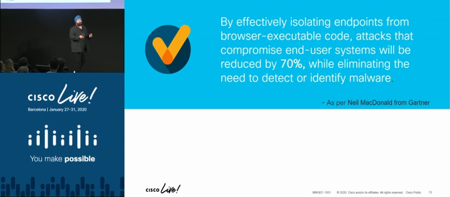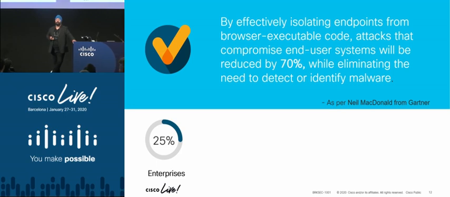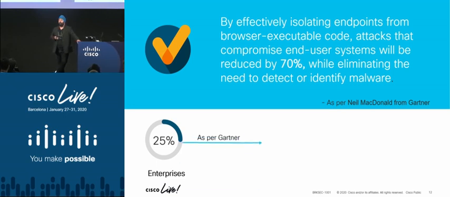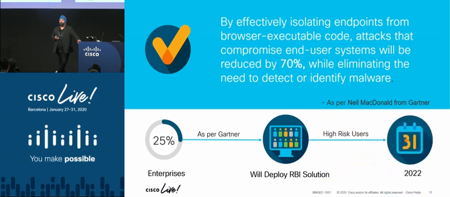So this is a huge number when we are talking about suppressing any kind of attack vector. And as per the projection, Gartner says 25% of enterprises will deploy an RBI solution by 2022. This is a huge number for RBI adoption itself.